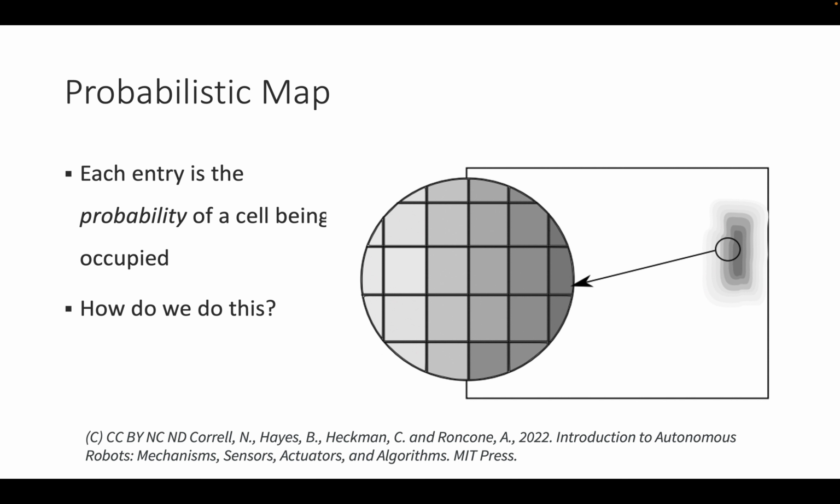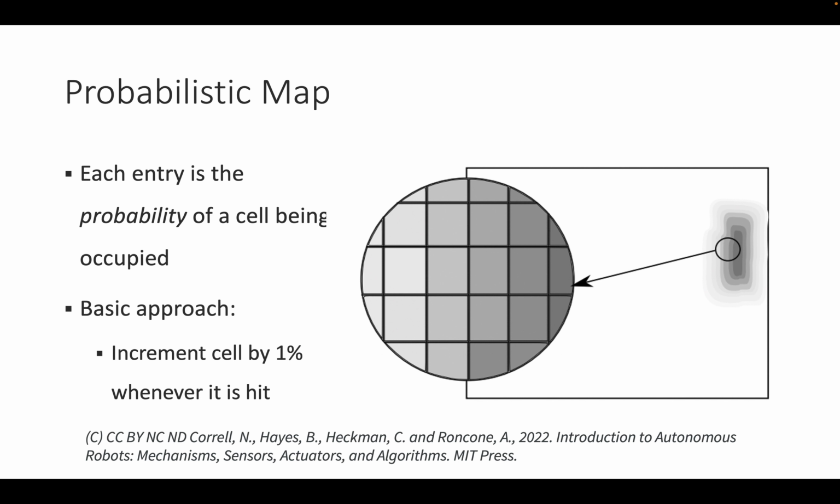In that case, each entry is now the probability of a cell being occupied rather than a true-false value. And in this case, the higher probability leads to darker values. And so you see the obstacle here is probably centered around the dark part here, but the robot is not so sure whether it's not even there already.